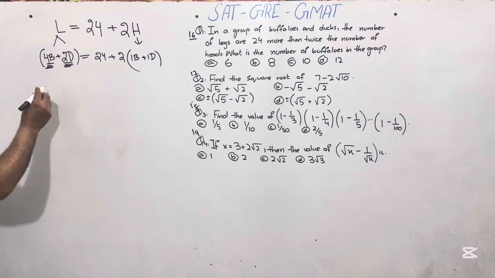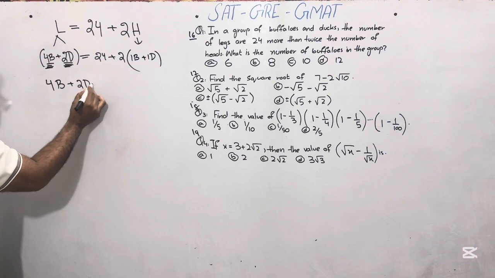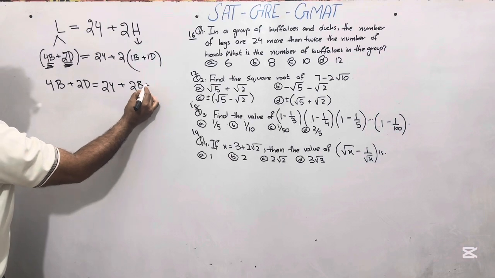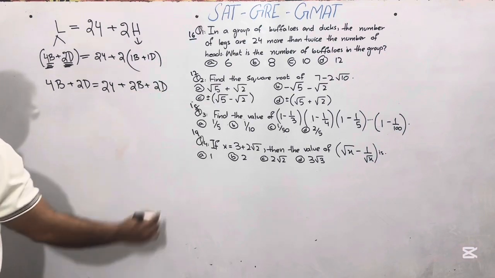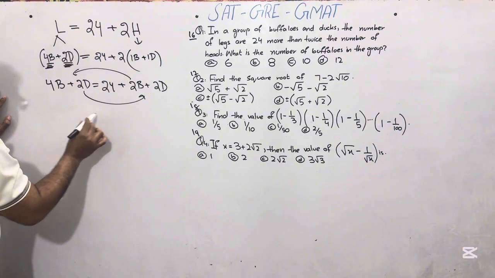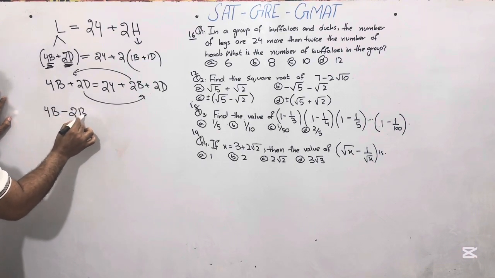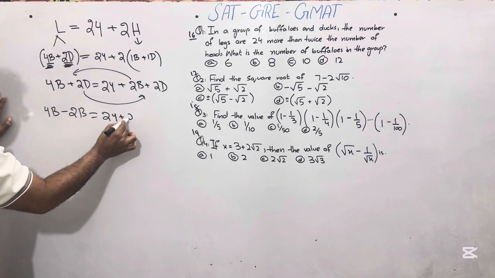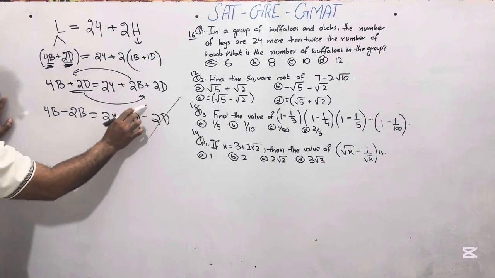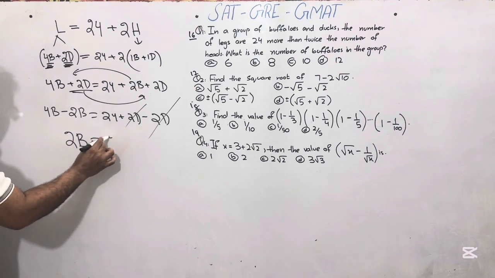Now solve for B to get the number of buffaloes. 4B plus 2D is equal to 24 plus 2 times B plus 2 times D. Shift the 2B and 2D to the left, changing the signs. The 2D terms cancel out, and we have 4B minus 2B, so 2B is equal to 24.